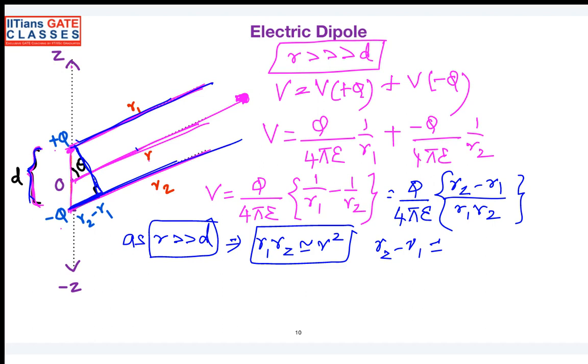Now, since you know that this is angle theta and this value is also theta, there is a right angle triangle here. This is the particular triangle where d is the hypotenuse and this is your theta. So R2 minus R1 is adjacent to the angle. So I can say R2 minus R1 can be approximated as d cos theta.